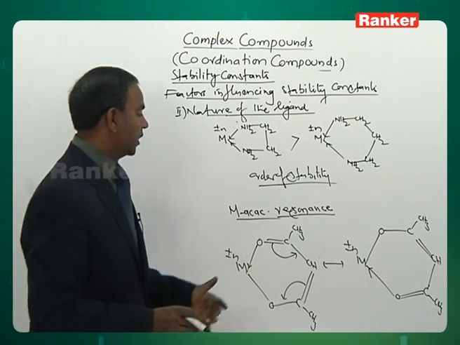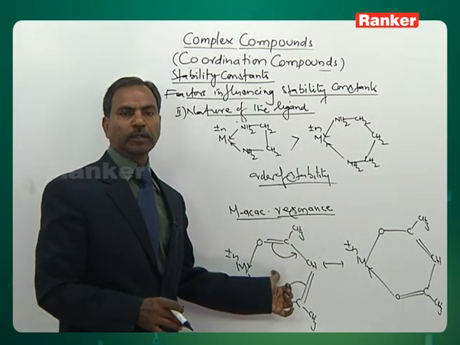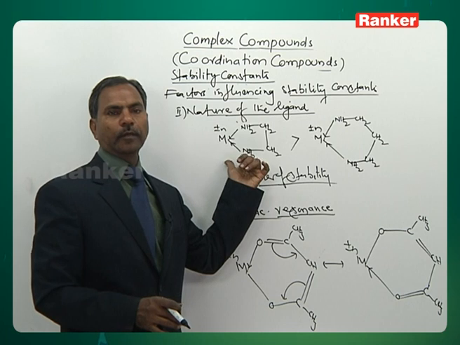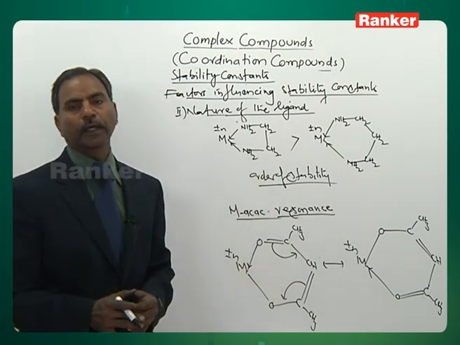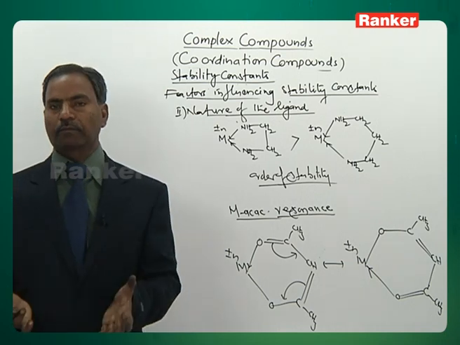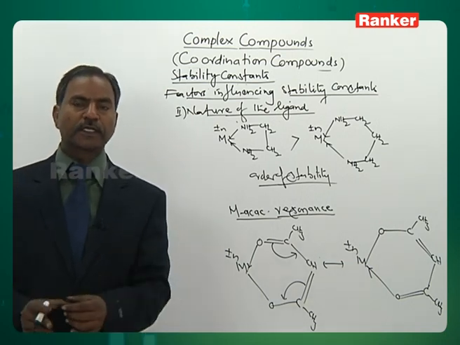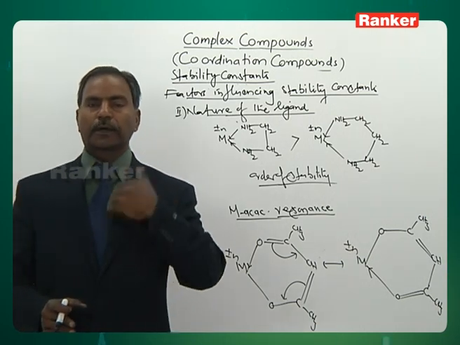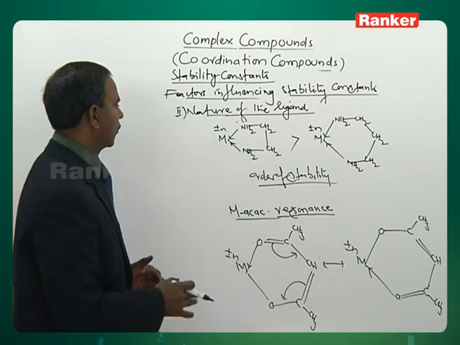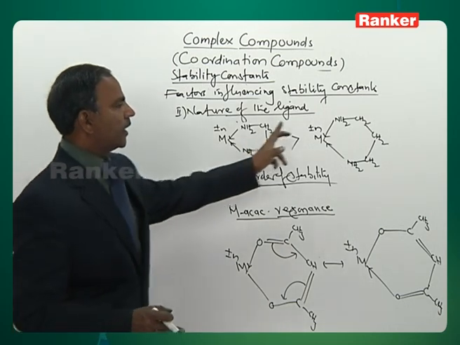But a 6-member ring is more stable than a 5-member ring, provided the 6-member ring is an unsaturated resonance hybrid. Therefore, we compare M-en and M-tn.